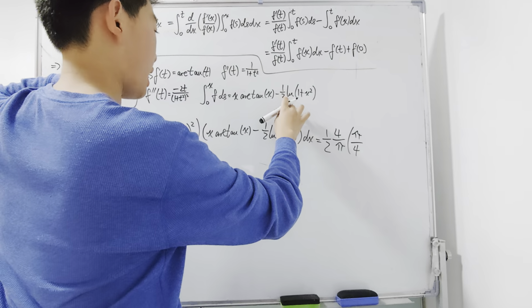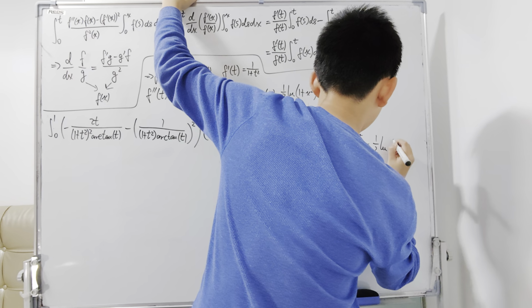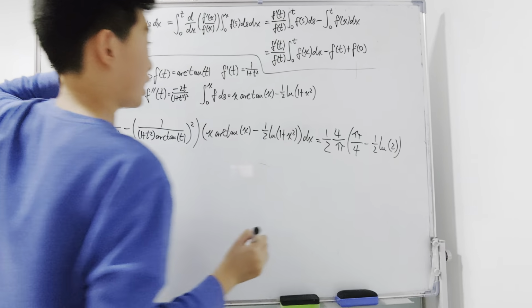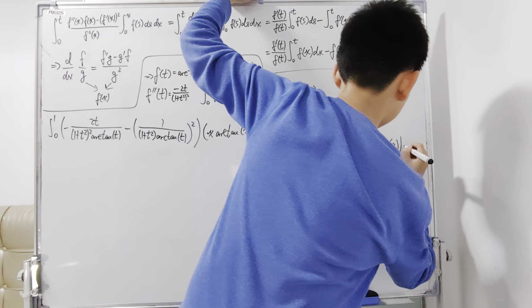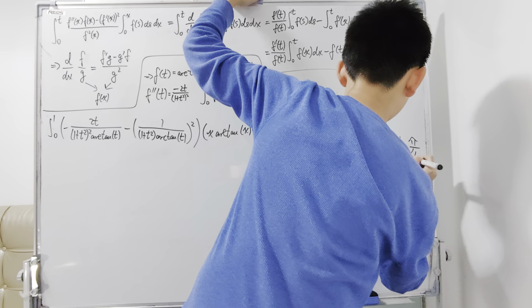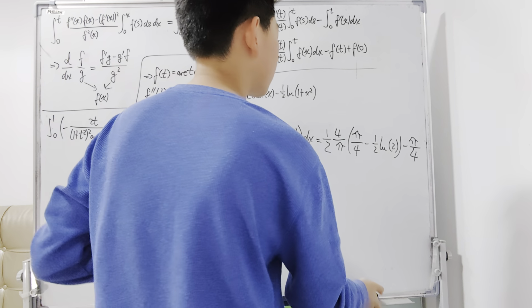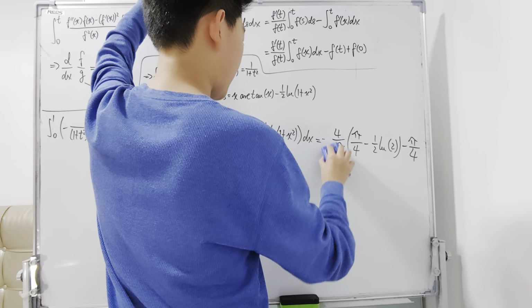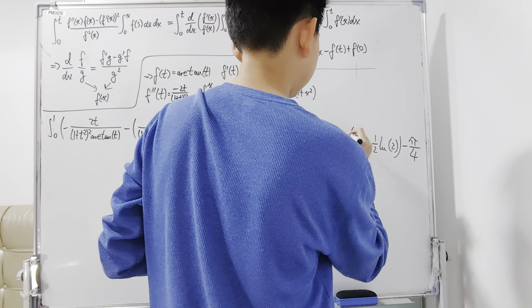And then minus 1/2 natural log, this is going to be 2. And I'm running out of room. And then minus our arctan 1, we know that's going to be pi over 4. And then plus f of 0 is going to be 0. So I'm going to slightly clean this up a bit. So 1/2, that's going to be 2 over pi.